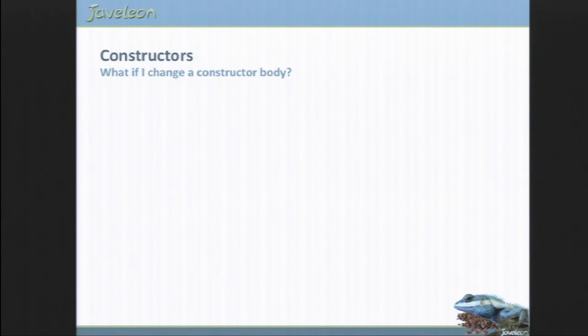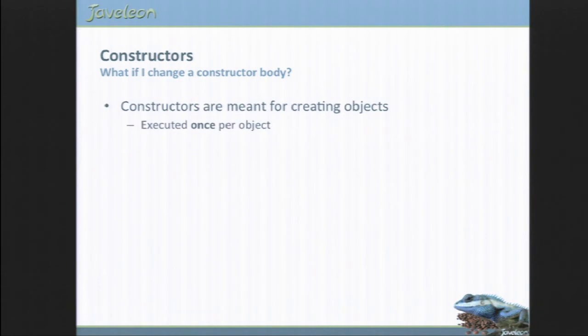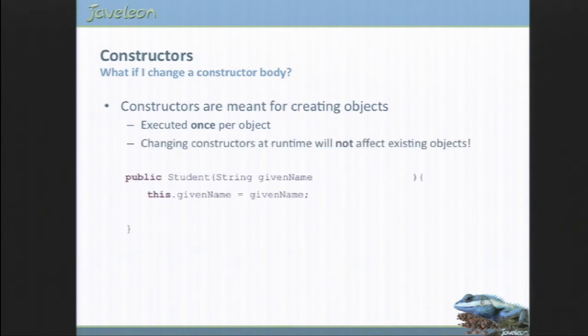So talking a bit more about the constructor problem. As Michael said, constructors are really meant for just creating objects, and they should only be executed once per object. It's pretty important for the language to actually work. We did see Javeleon's automatic field initialization support. That's kind of like incremental or partial initialization of the object.